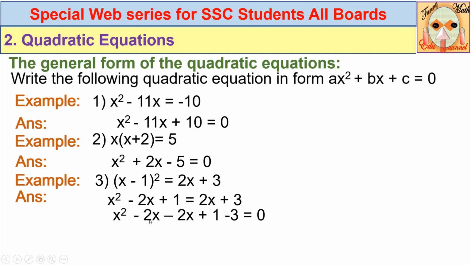Now do the simplification of these two terms, and so you get x square minus 4x minus 2 equal to 0, because plus 1 minus 3 gives minus 2, and so this is now in general form. In this way what do we learn? We learn how to convert the given equations into general form.